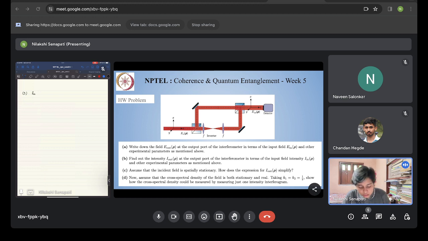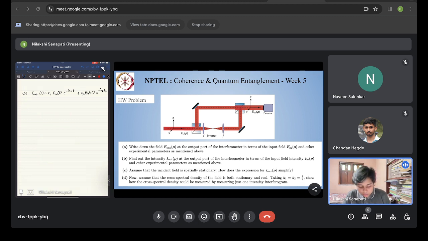E output will be some k1 E input rho e to the power minus I omega 0 t1 plus k2 times E input, now it is inverted because it is mentioned in the problem, e to the power minus I omega 0 t2, and t1 and t2 are already mentioned in the problem again.